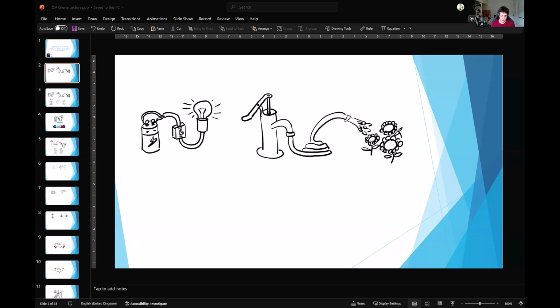Some analogies might be helpful to get started. Imagine that you have a battery, and this battery is connected to a switch, and this switch is connected to a light bulb. And so you can think that there is a current that flows. Now, the specifics, obviously, current has polarity.